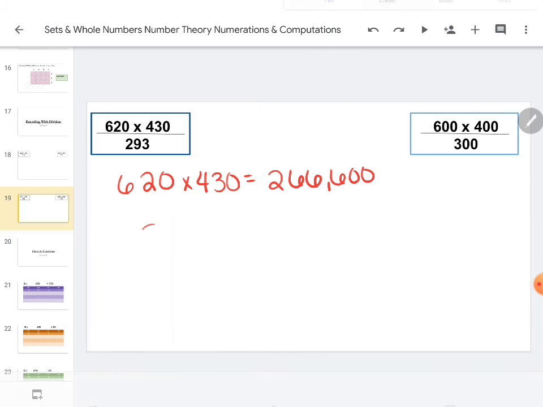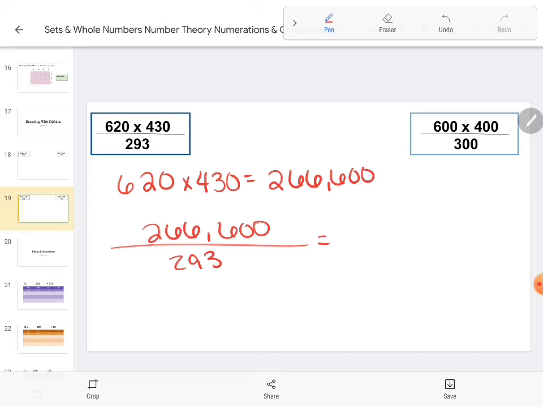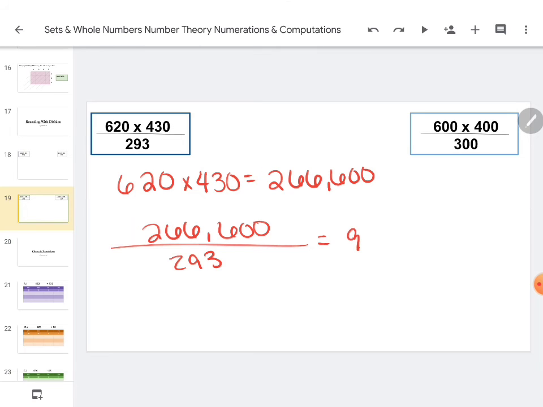And now we're just going to do 266,600 divided by 293. But you can work it out if you'd like. I'm just going to type it in my calculator. And the solution that I got is 909.897.